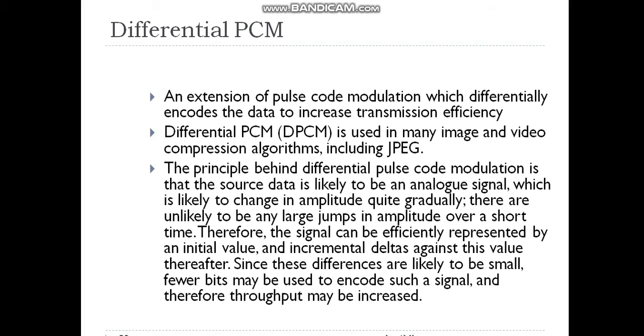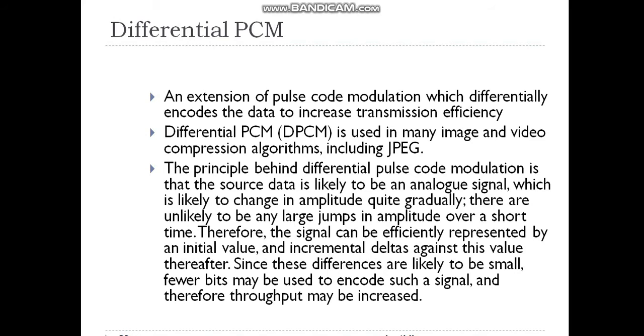Differential pulse code modulation is used in many image and video compression algorithms, including JPEG images also. The principle behind it is that the source data is likely to be an analog signal, which changes its amplitude quite gradually. There are unlikely to be large jumps in amplitude over a short time, though certain times there may be large jumps.